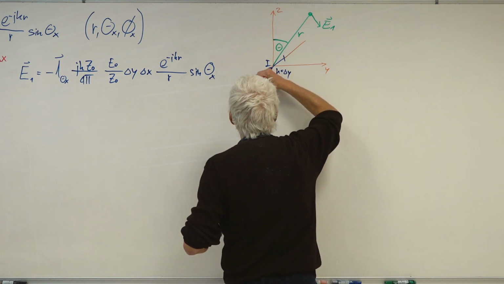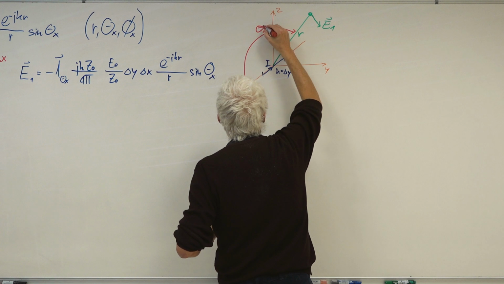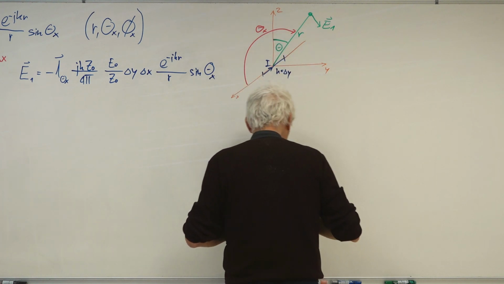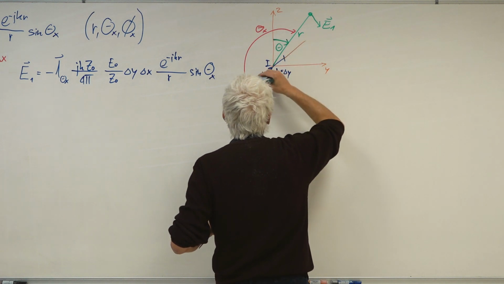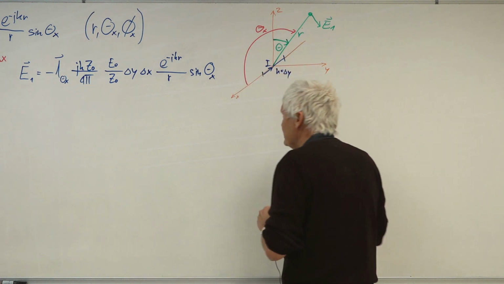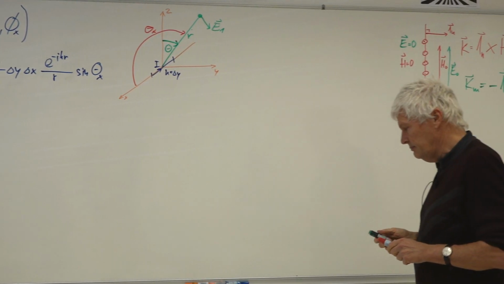And the polar direction is this theta x here. So this was the standard theta I had here, and this theta x has to be measured from the x-axis because the current flows in the x-axis. That's the trick.